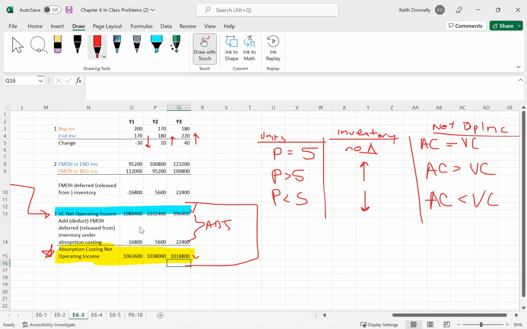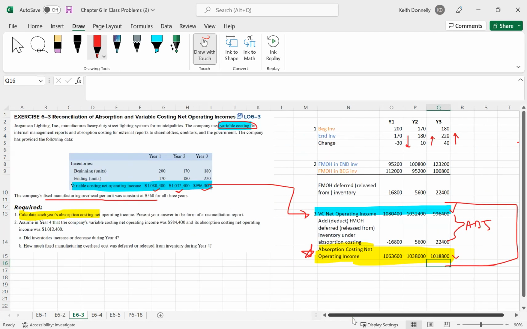We're not expensing it. We need to expense it in our absorption costing. So because we have that additional amount of expense, it's going to make our income under absorption costing lower. And the reverse is going to be true for these two guys over here.